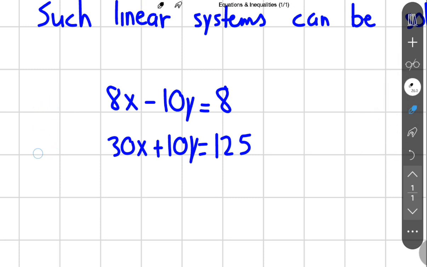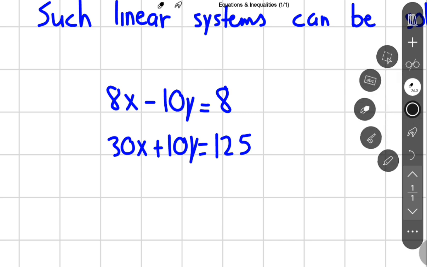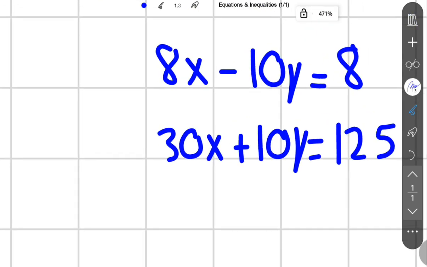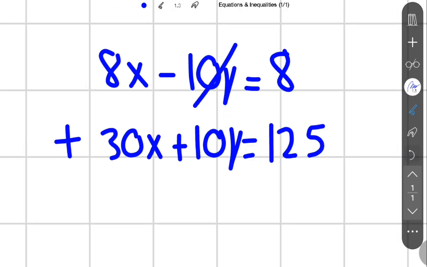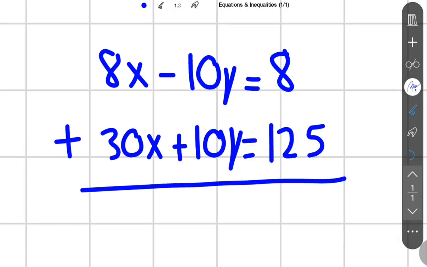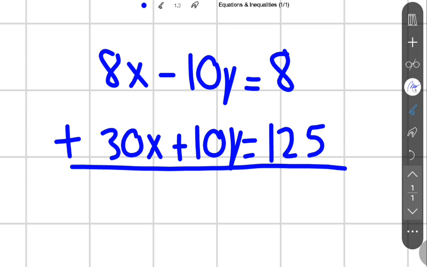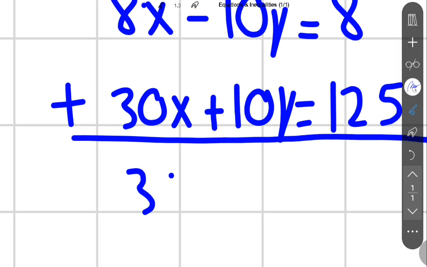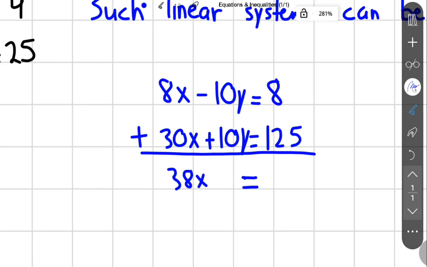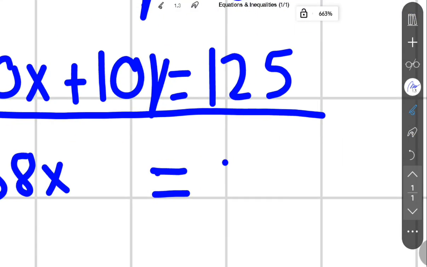So the way we could eliminate this is by adding the two equations together such that we eliminate these two terms. If we add these two together, we have 30 plus 8, we have 38x, equals 125 plus 8, that's 133.